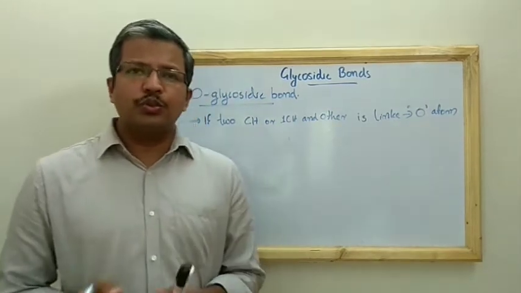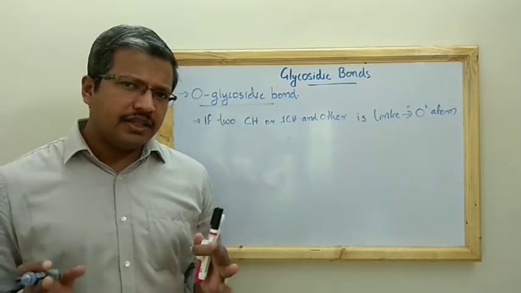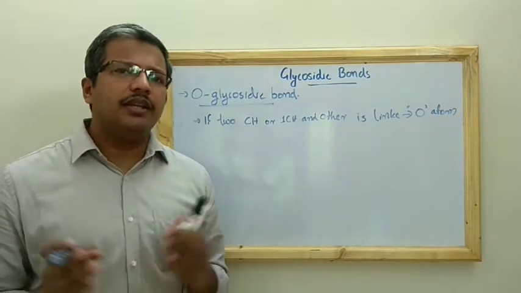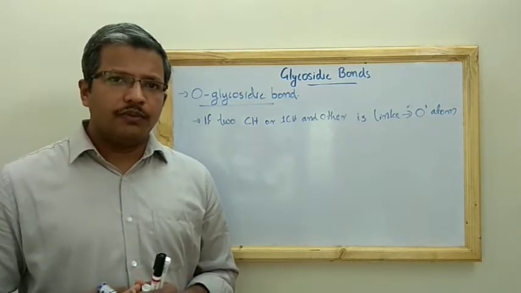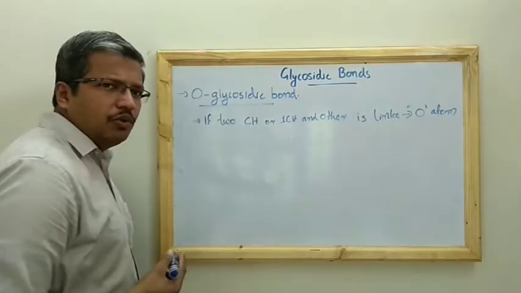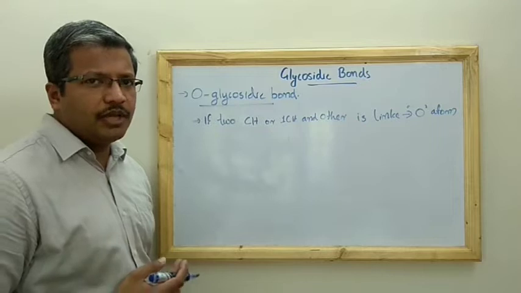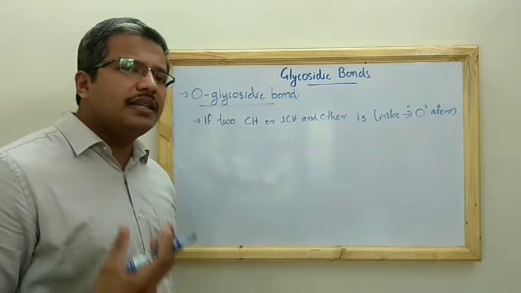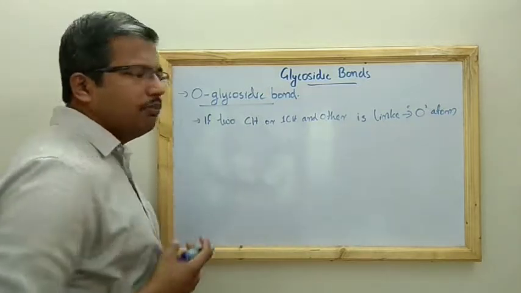If at least one of the molecules is a carbohydrate and is linked through oxygen, it is the O glycosidic bond. The O glycosidic bond is further classified into four subtypes, based on the anomeric state of the individual components in the bonding.